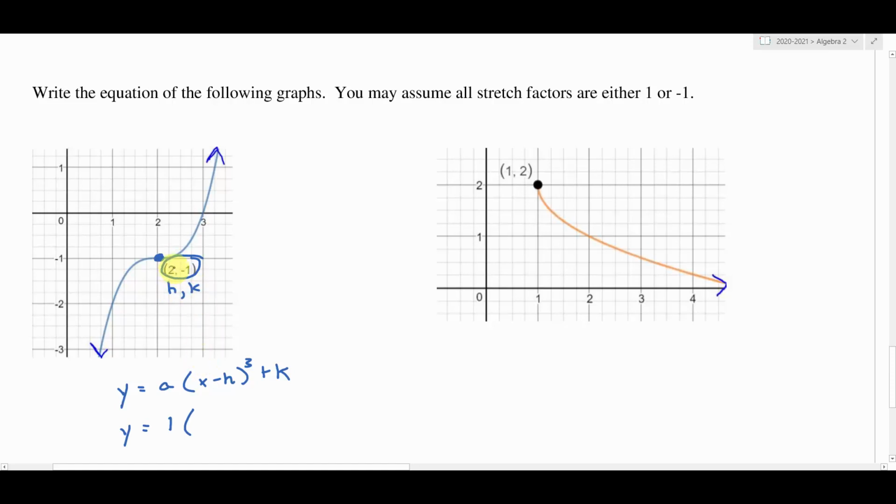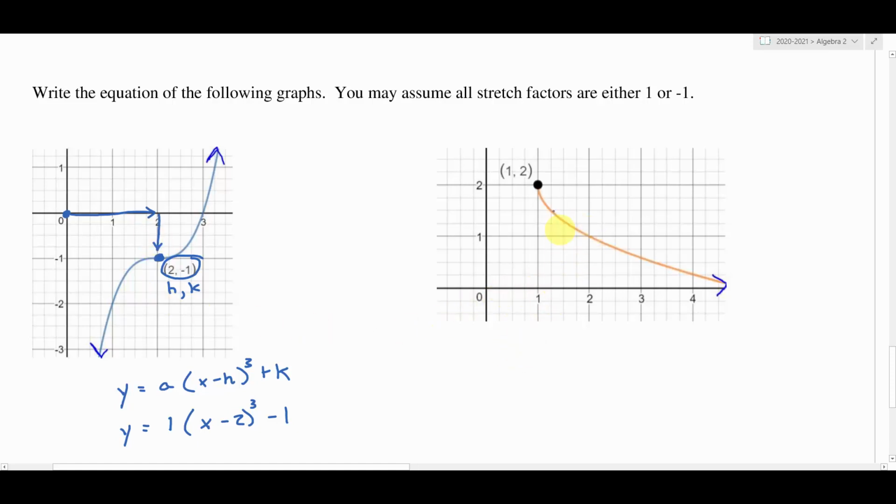So since this is a positive 2, that means that the locator point moved from 0 to the right 2. So to move to the right 2, I need an x minus 2. And then it moved down 1 unit. So to move down 1, I would need to subtract 1, and that's what I'm going to put in for my k value. So this represents the equation of the cubic that I see in the graph.